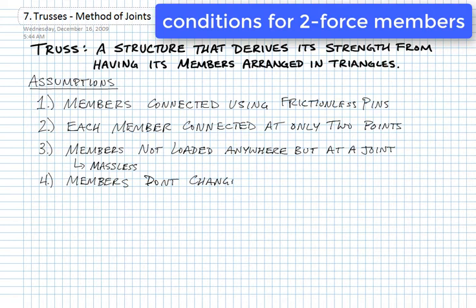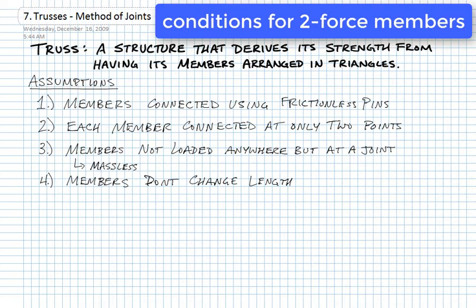The reason that's important is if the members were allowed to change length, the truss could actually change its shape, and if it changed its shape, that would change all the angles between one member and another, and that would start changing what our analysis was. So we're going to make that assumption as well.